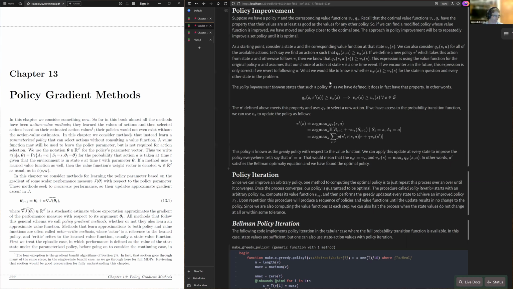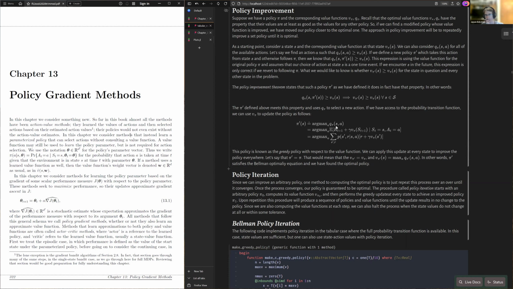Whereas in all these tabular methods, we use the value function as a stepping stone to compute the policy. This is just showing one way in which it works: once you have a value function like this, you can just take the argmax of it, basically whichever action is the most favorable at this state.